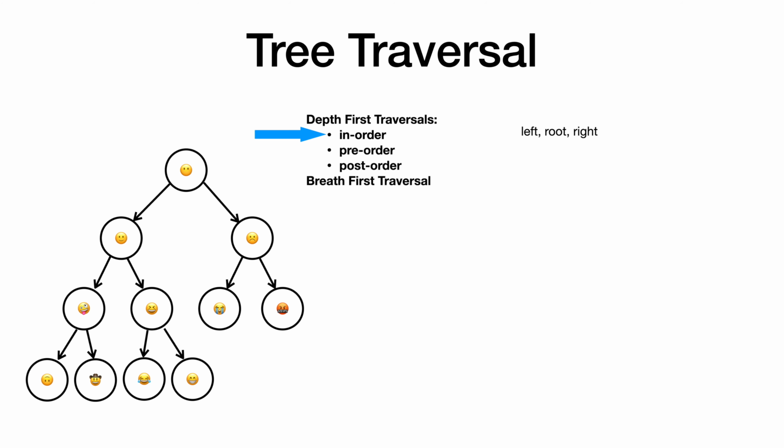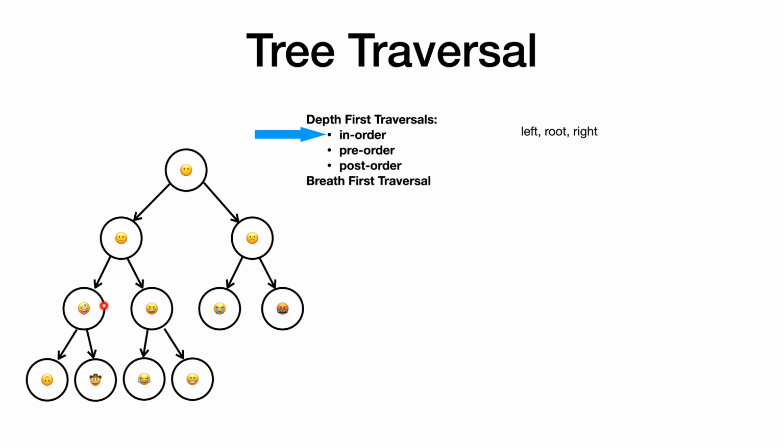So in this case, the neutral face is the root of the tree. He's going to call in-order traversal on his left child first, and he's going to wait for him to print everything before he prints himself and then his right child. So that makes a recursive call to the happy face. And the happy face says, well, I need to print my left child before me.